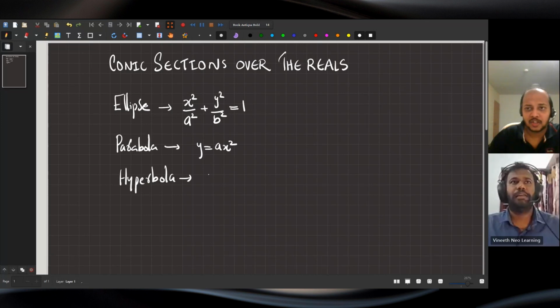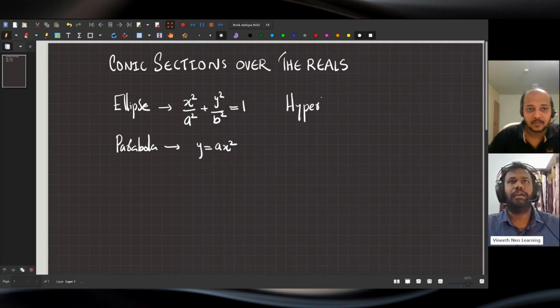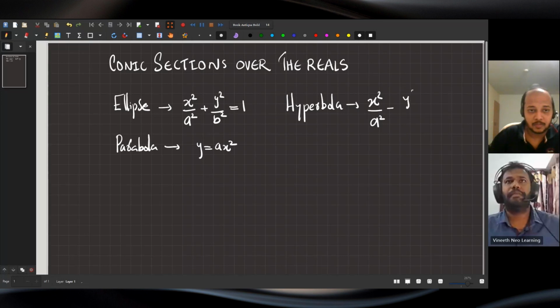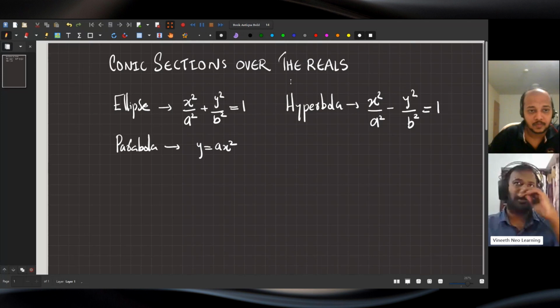It's x squared over a squared minus y squared over b squared equal to 1, because you just change the plus sign into minus in the equation of an ellipse.